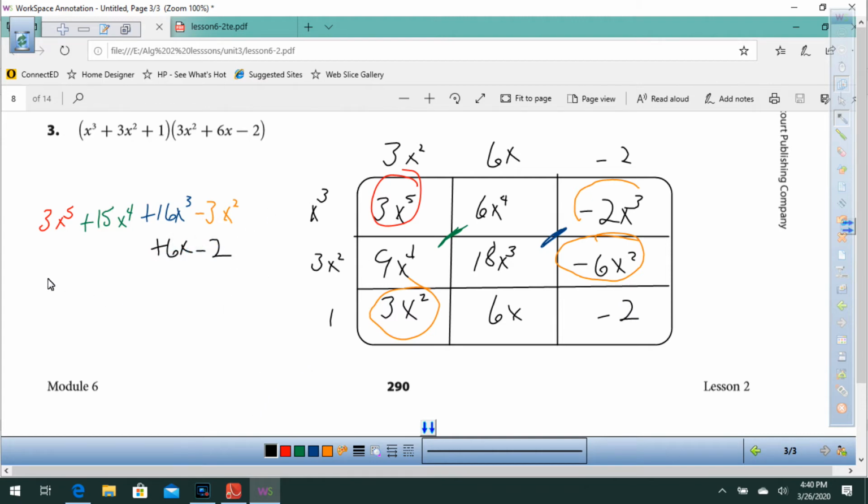And just to go back, the degree of this is 5, because you got a 5 right here, and the leading coefficient is 3.